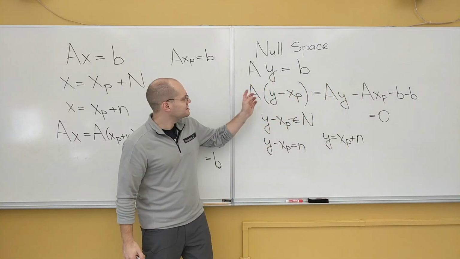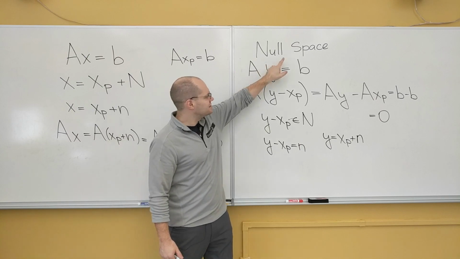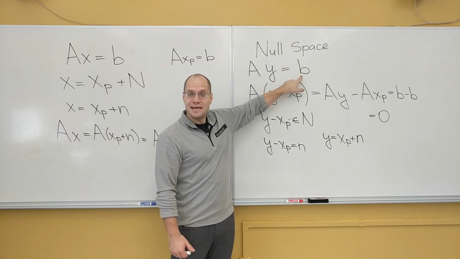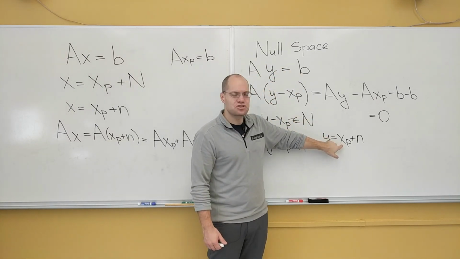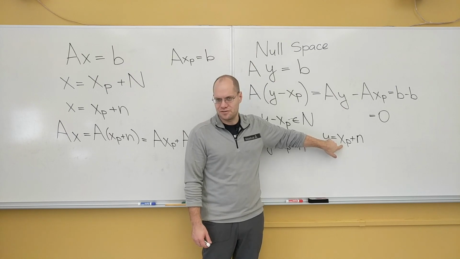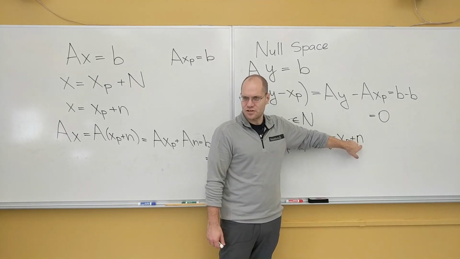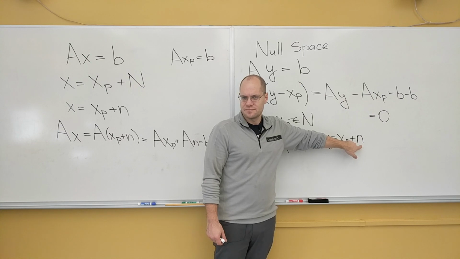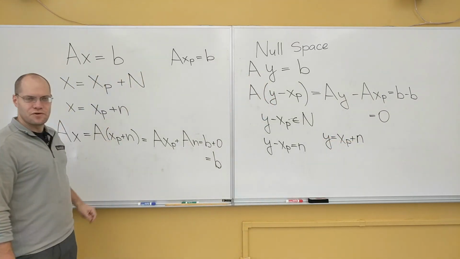So what we have proven is that any vector that gets sent to B by A can be represented as our arbitrarily chosen particular solution plus some vector from the null space. So it also has this form.